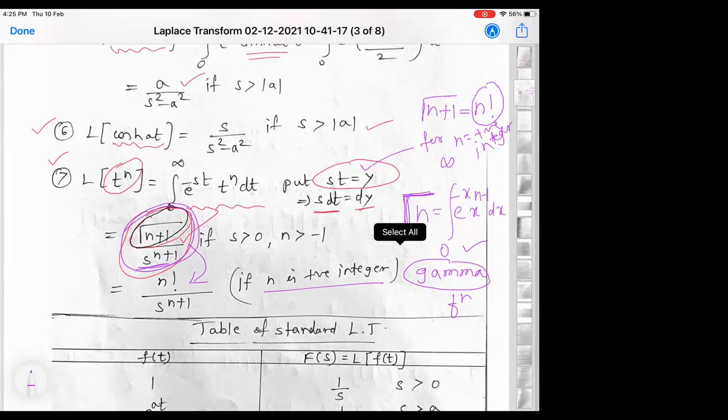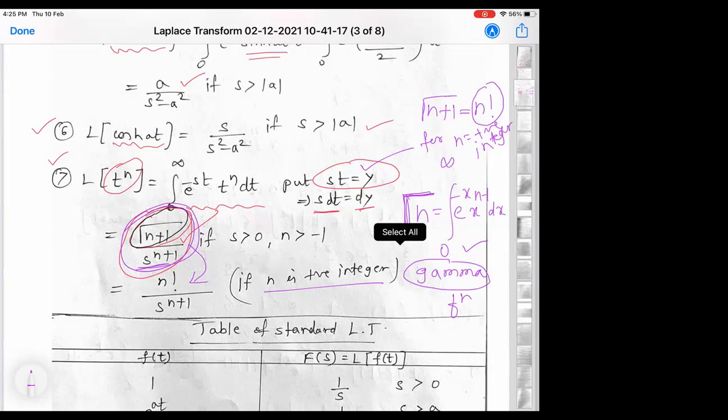And few more properties of the gamma function, of course, we are using in actually solving the examples also. So that can be considered. At present, only write down these two terms, gamma n plus 1 upon s raised to n plus 1, when Laplace transform of t raised to n is to be calculated.